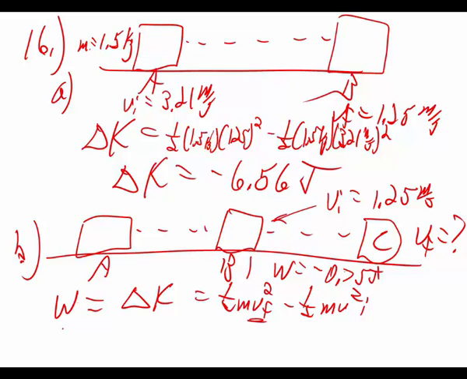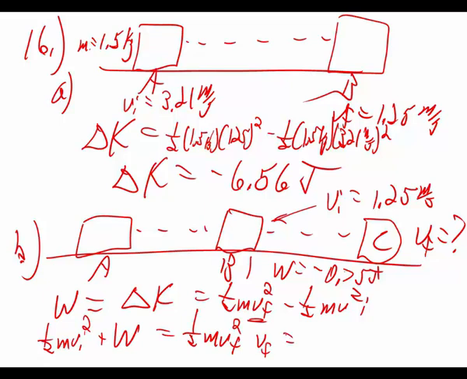So our equation's going to end up looking like this right here, but we got to solve for what? Final velocity, don't we? So how are we going to do that? We're going to add a positive 1/2 m v initial squared to both sides, right? So it looks like this: 1/2 m v initial squared plus work is equal to 1/2 m v squared final. Now I want to solve for v final, don't I?